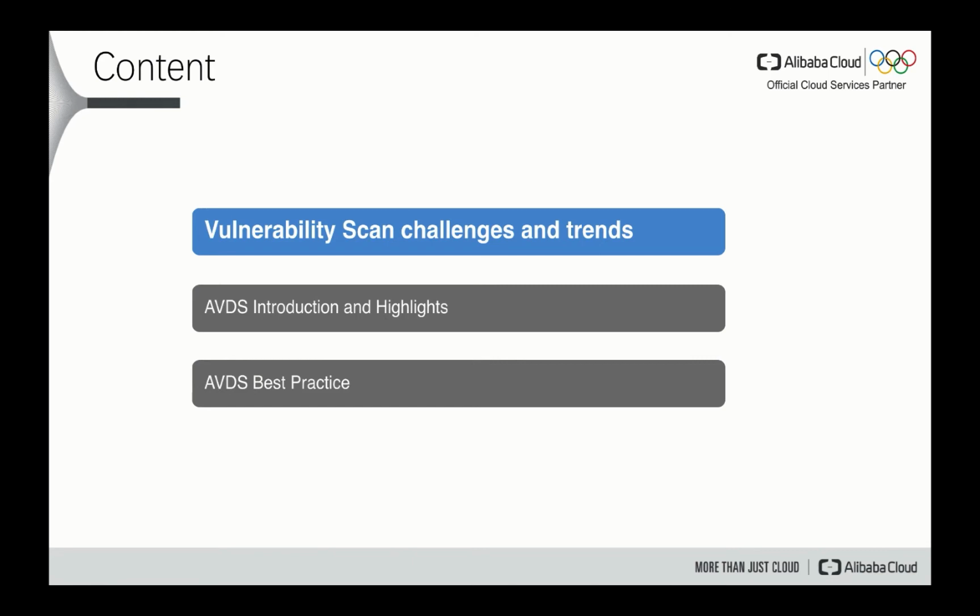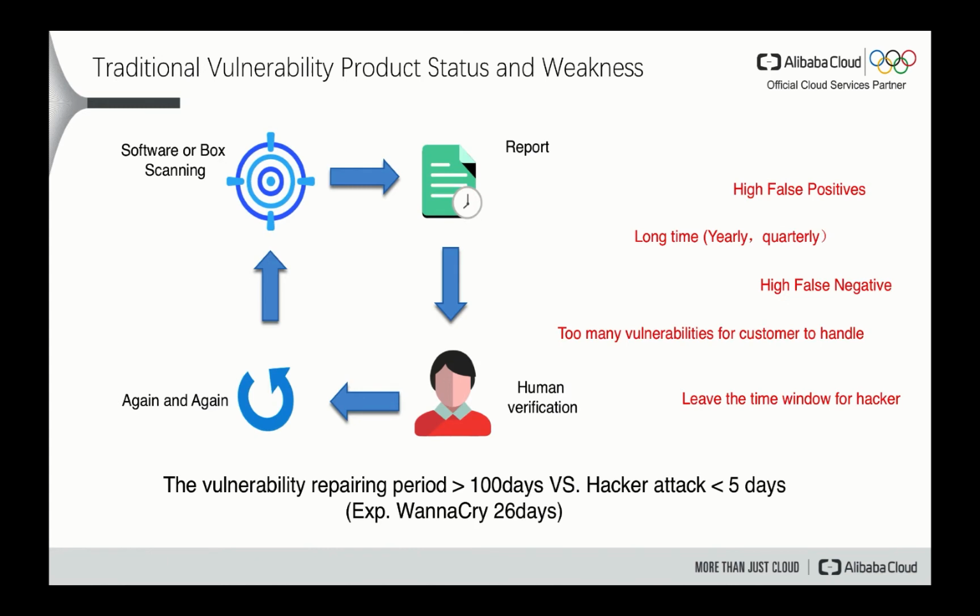At the very beginning, let's talk about the vulnerability scan challenges and trends. The chart on the left shows how traditional vulnerability scanning was done. Usually, we manually do the scanning through some software, and after the scan we generate a report.